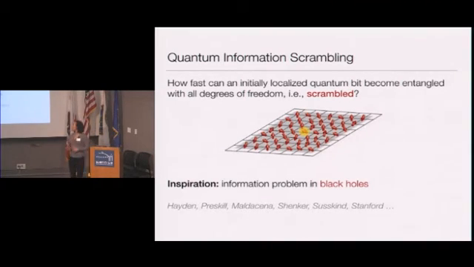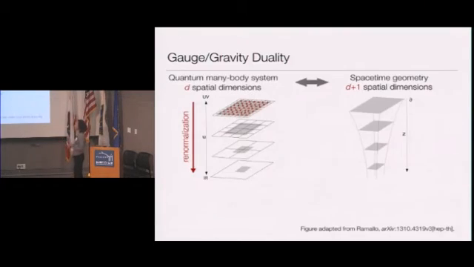So the question is the following. Let's say I have some many-particle system, and I want to ask the question, if I perturb a single qubit, how long does it take for that perturbation to propagate over all degrees of freedom? And there's a conjecture that there's a fundamental bound to how fast this can happen, which is saturated in black holes. So why can you even think about quantum information in black holes at all?